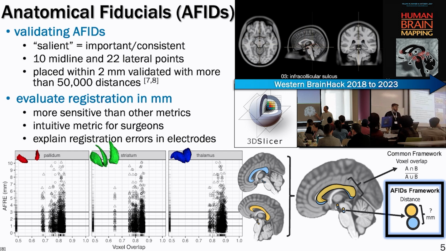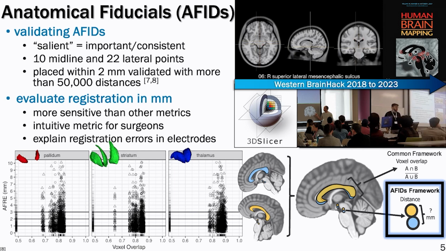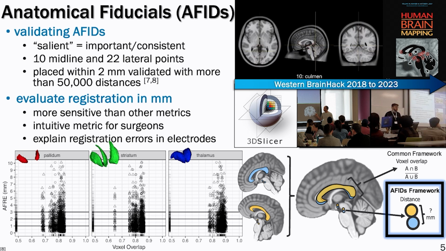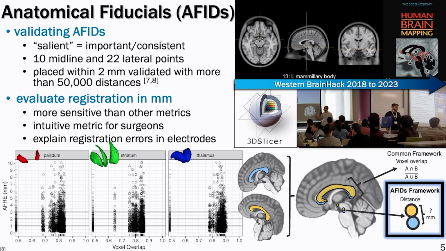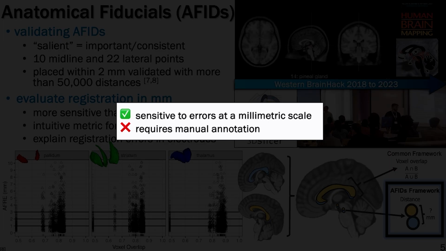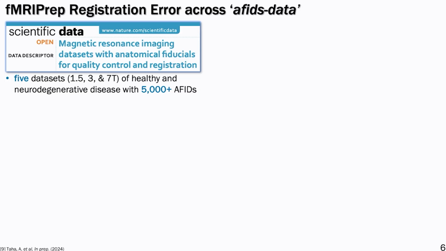As you see on the y-axis, for example here, the AFRE, which is anatomical fiducial registration error, gives a dynamic range from 0 to 10, relative to the more binned, unitless Dice overlap. And so the AFIDS framework is quite sensitive to errors on the millimetric scale, but it does require manual annotation.